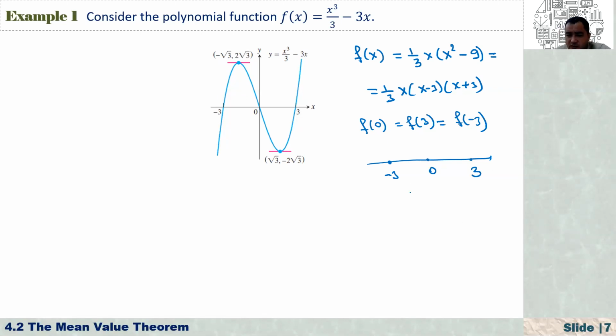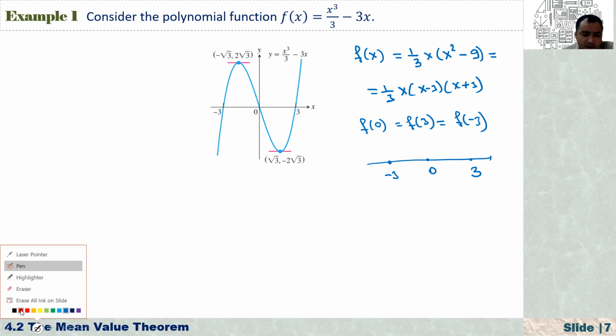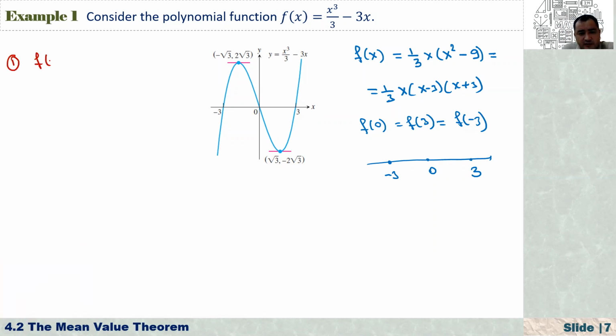So now, using Rolle's theorem, number one, since f of negative 3 is equal to f of 0, and it is continuous over the interval from negative 3 to 0 and also differentiable over this interval, this Rolle's theorem guarantees that there exists some number.